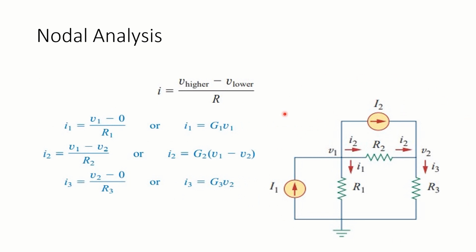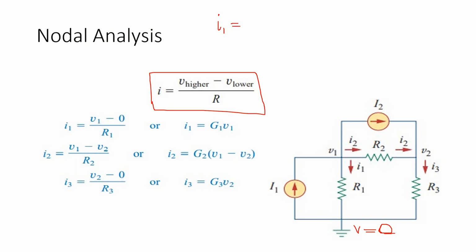This was our circuit. Now let's see what the value of I1 will be. I1 is flowing from V1 to 0. This was our reference node, so the voltage at the reference node was 0. So we can use this equation and write the value of I1 as higher potential minus lower potential.